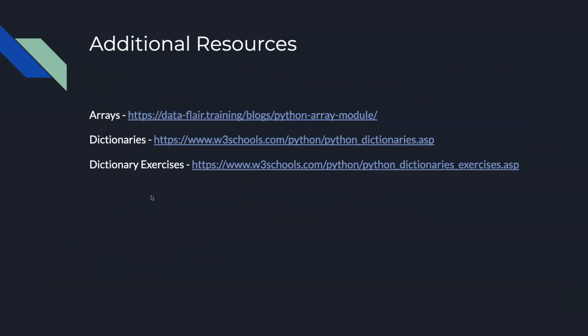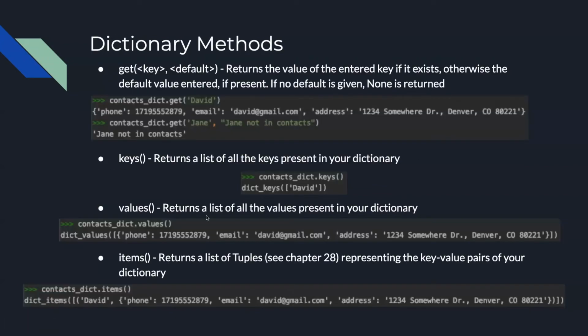So values. The values method returns a list of all the values present in your dictionary. Like the keys method returns all the keys present in your dictionary, the values method returns all the values present in your dictionary. Again, calling contacts dict dot values, the parentheses are important again, even though it doesn't accept any arguments. So remember the dot notation for using methods on our data structures.